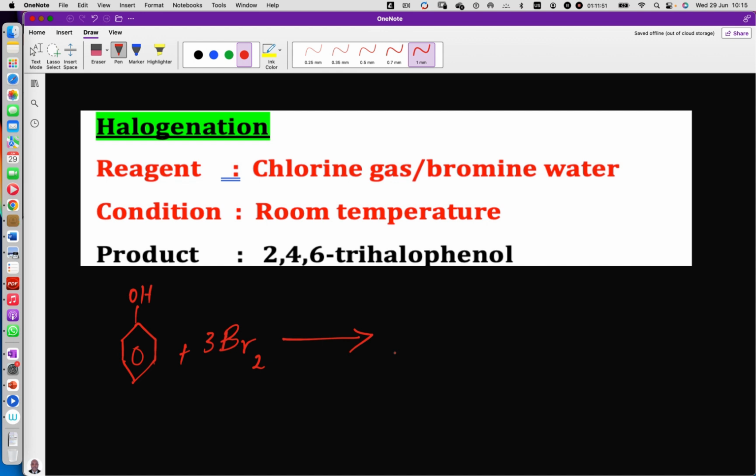If we're using chlorine, it will be 2, 4, 6 trichlorophenol. If you are using iodine, it will be 2, 4, 6 triiodophenol. So we can generally say it is 2, 4, 6 trihalophenol. So this will be our product.